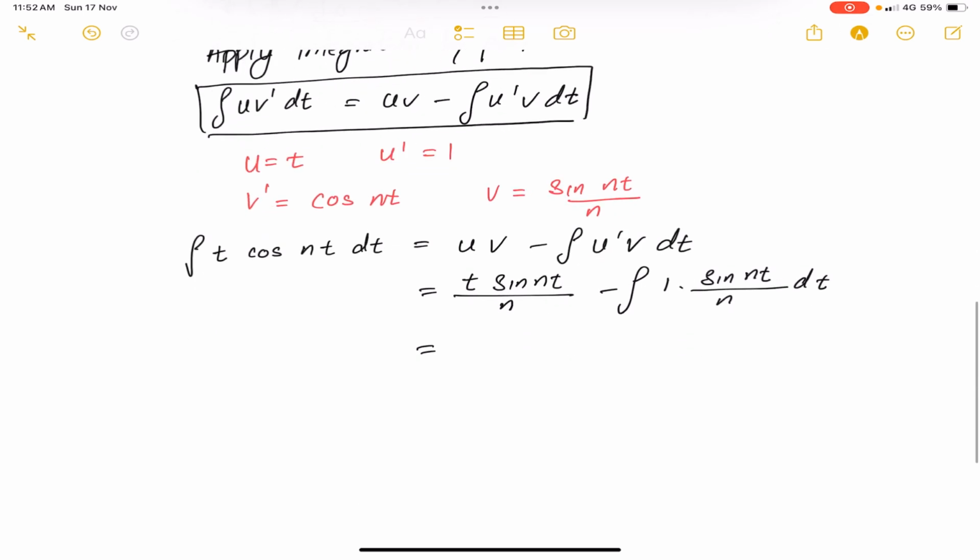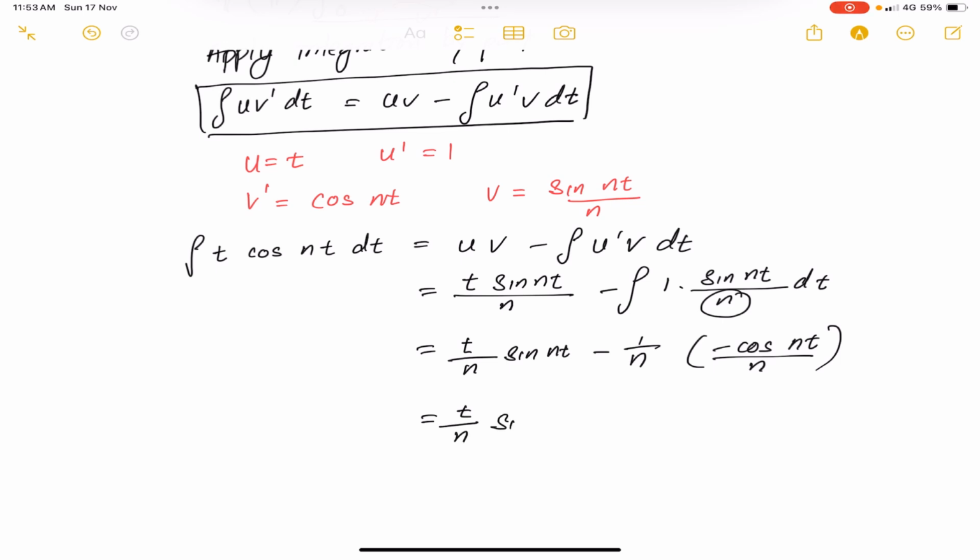So you simplify this one: t over n sine nt minus, you take out the 1 over n, and then you integrate sine, you get negative cos nt over n. And here you get t over n sine nt, negative negative, you get positive 1 over n squared cos nt.